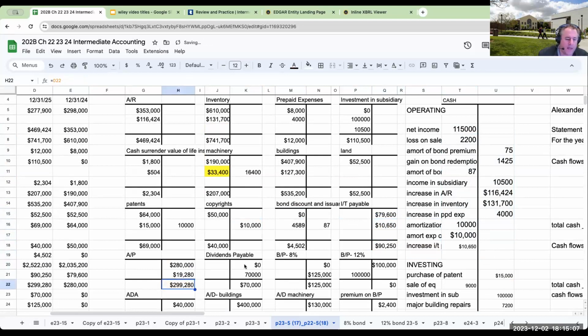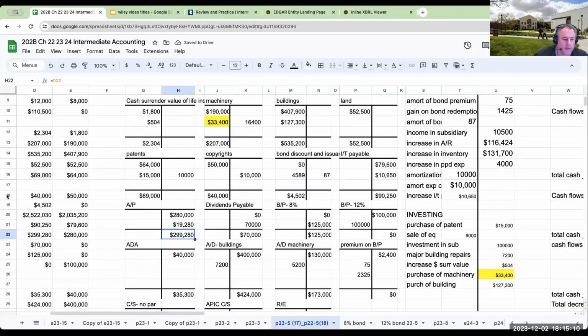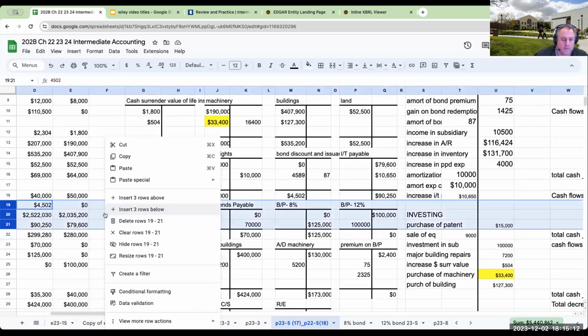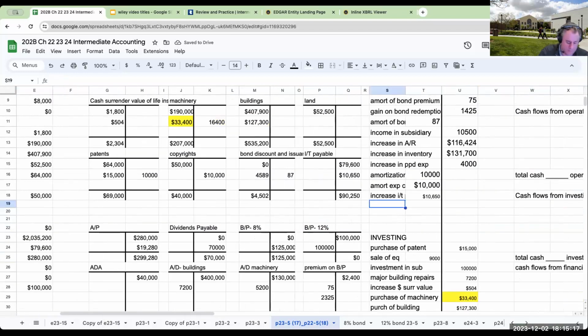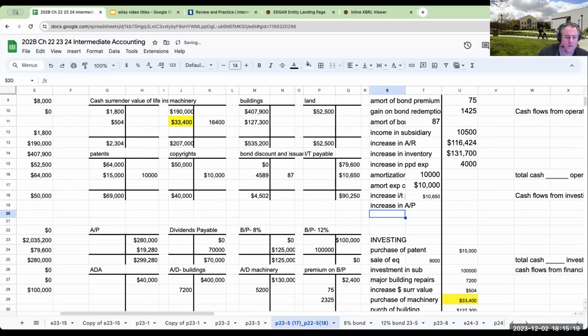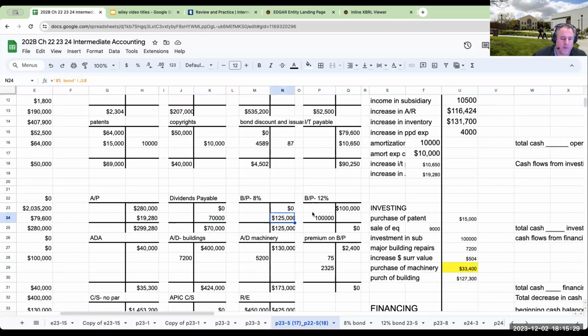Over here, my accounts payable are increasing by $19,280, so I need a credit to balance. Dividends payable, bonds payable, we've balanced all those out. And this is why it's so important, as you're going through this, that you're making sure you're reconciling.